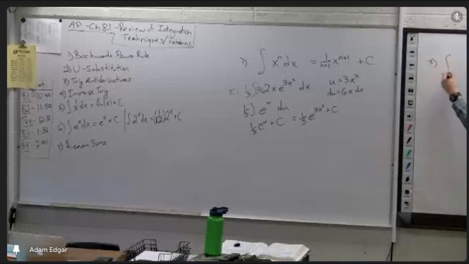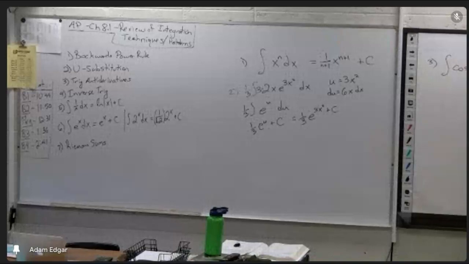What's the integral of cosine x dx? Sine x. Is it positive or negative sine? Positive. But what's the derivative of sine? Positive cosine. Yeah. What's the integral of sine x dx?